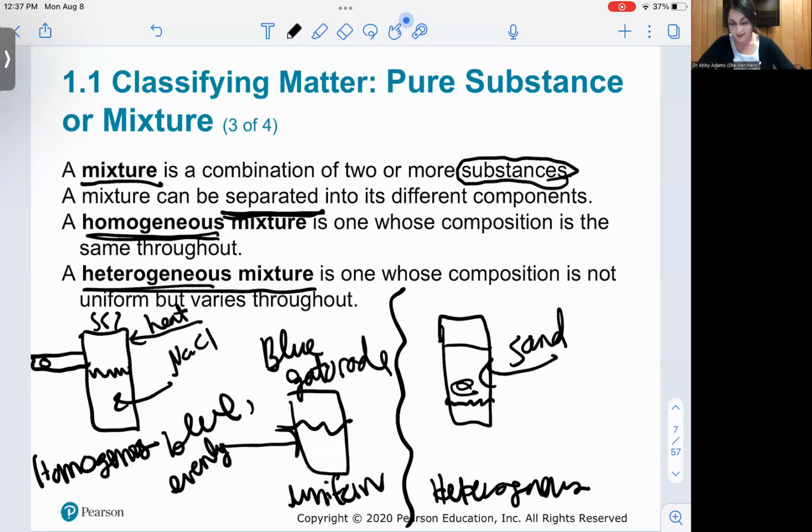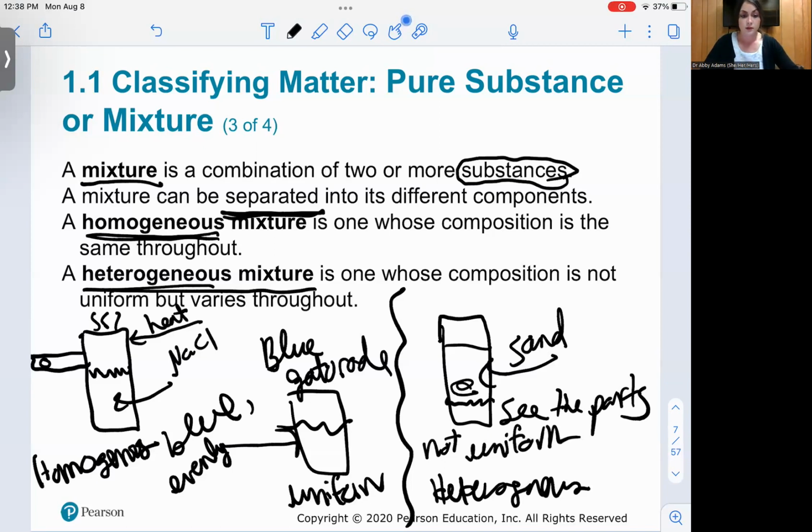And so you can see those two pieces, you can separate them out. You can see those components, you can see the differences, you can see the parts here. So this is a heterogeneous mixture. That's not uniform in composition.